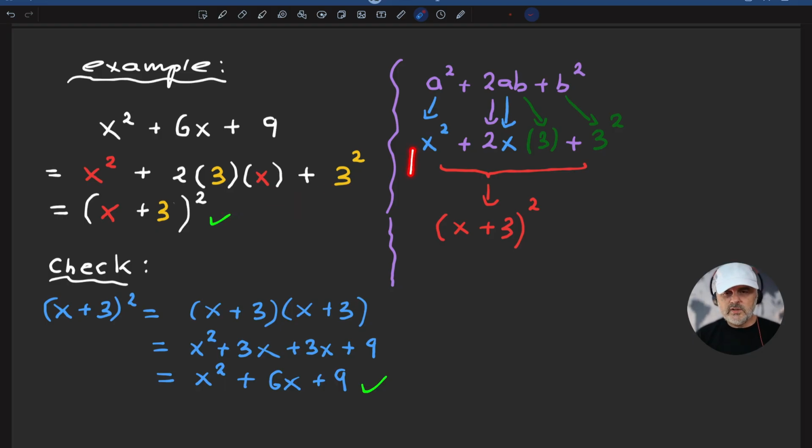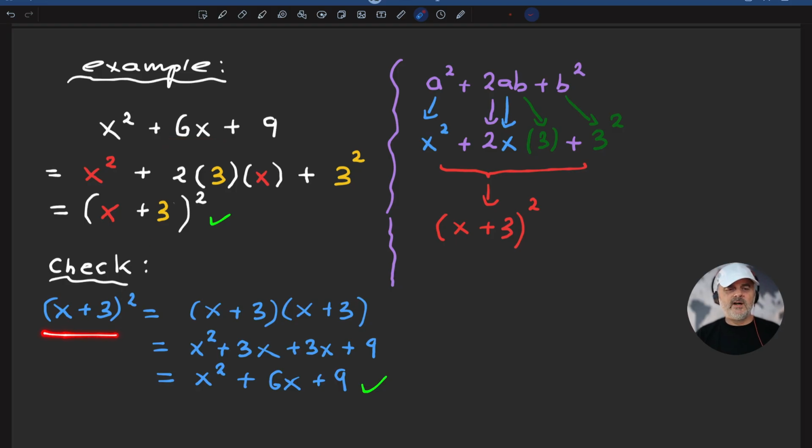Whether you use the right side of the screen to look at the pattern with colors, or perhaps you want to follow the left side of the screen where you also see the pattern with colors, that allows you to identify, by knowing the formula, first, that there is the first term squared, the last term squared, and the product consisting of the first, the last, times 2. So hence we have 6x.